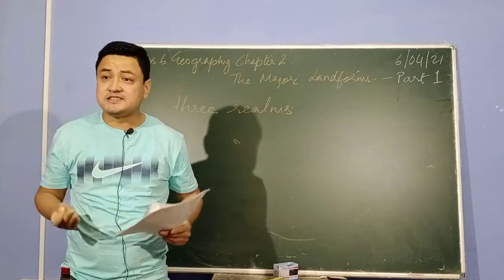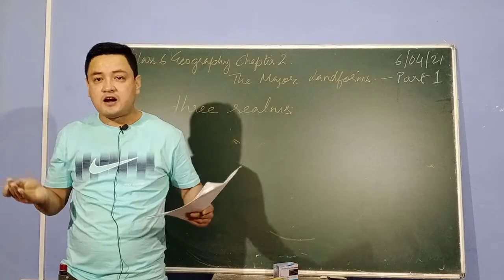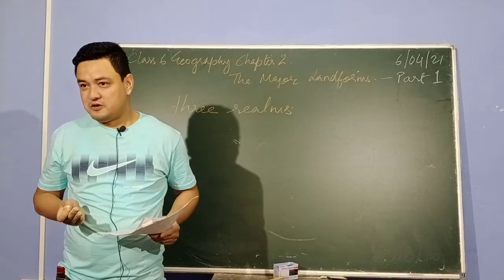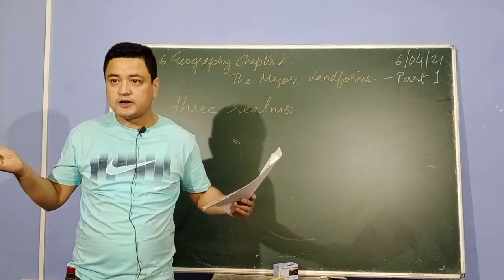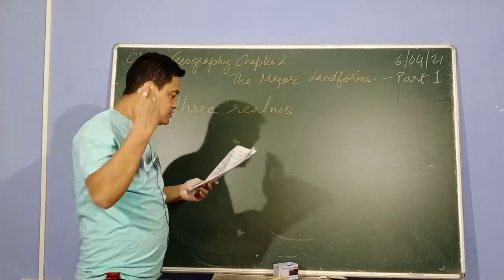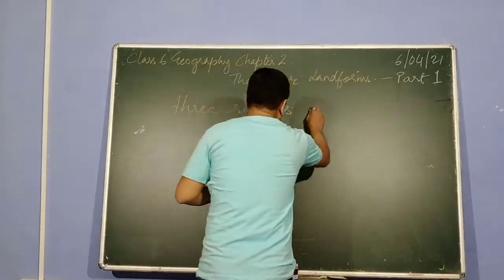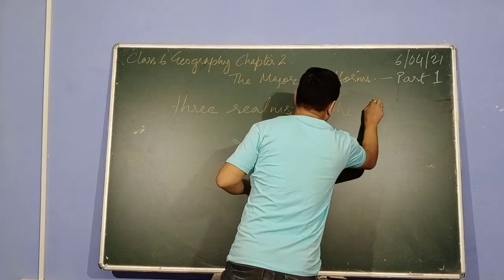The things which are essential to life. Without air, we cannot survive. Without land, where to live? Without water, can we survive? No. So the three realms of the earth were created.